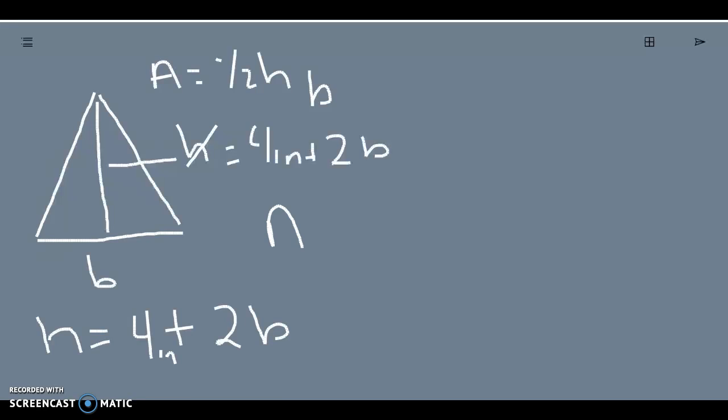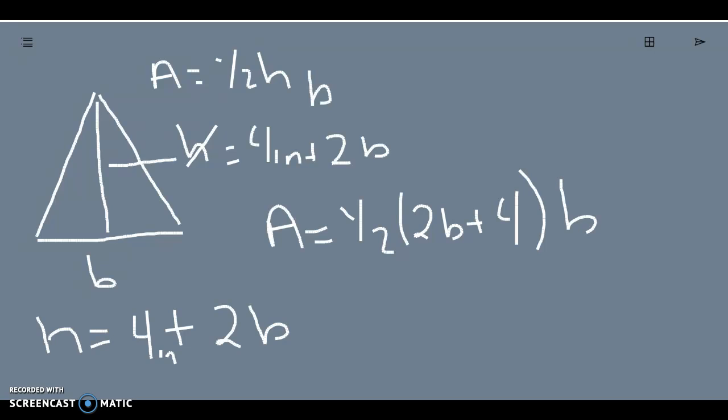So I have area equals 1/2 times my height, which is, I'm going to change this around to 2b, and I'm going to leave off the inches. We know it's inches, just so it's not so confusing, times b. So now I have to use distributive property.